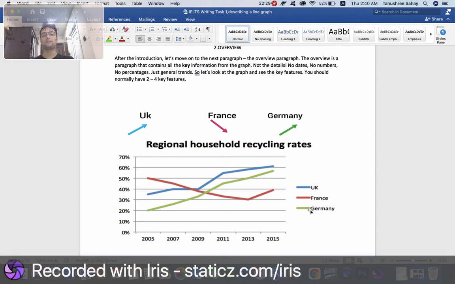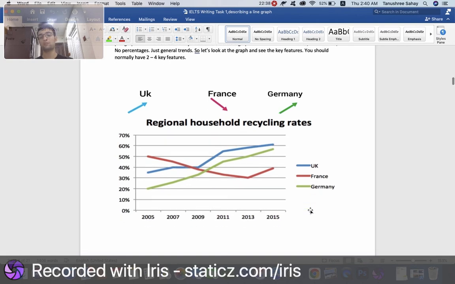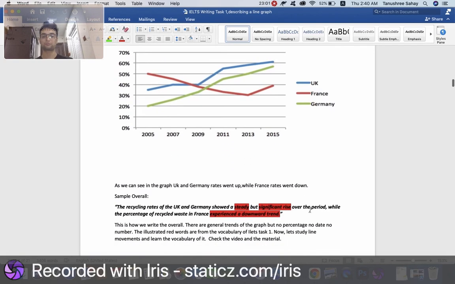You normally have 2 to 4 key features in your graph, and obviously it shows how many feature paragraphs you're going to have. If you have 2 features, you're going to have 2 paragraphs. If you have 4 key features, you're going to have 4 paragraphs. But you can easily keep them in 3 paragraphs. But it's better if you have more features, and then you have more paragraphs.